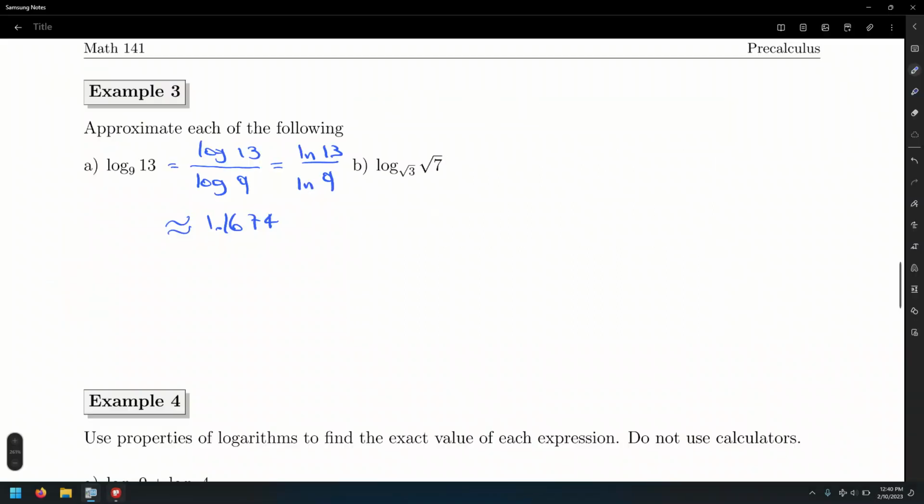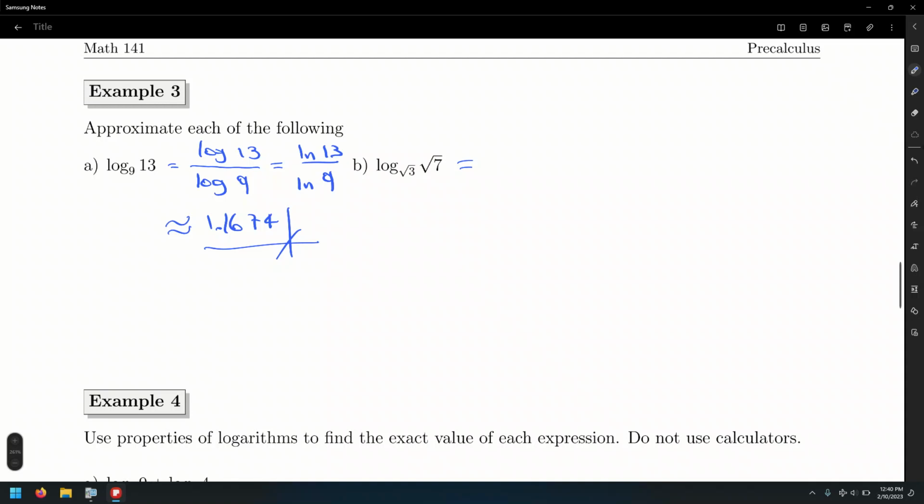All right. That being said, how about we evaluate this logarithm? So it's a logarithm of the square root of 7 on the base square root of 3. I know the bases are so weird.